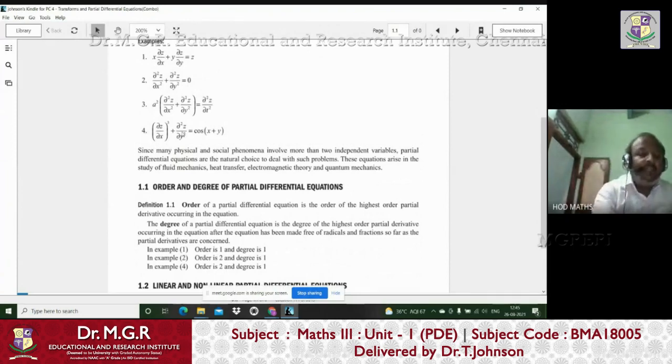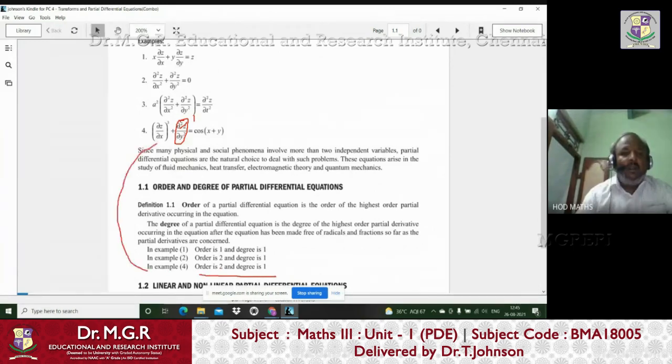So here the order is 2, because this is the second derivative, and the power of this order is 1. So this is order 2 and power 1. That is what they explain here. In all these, the highest order has only power 1. So they put 1, 1, 1. Okay.